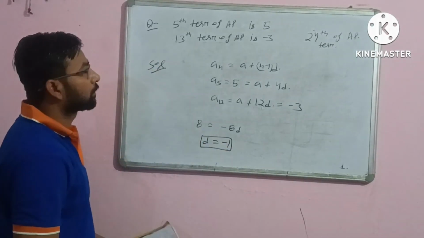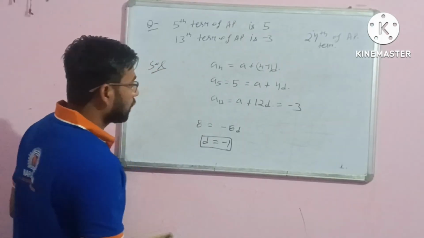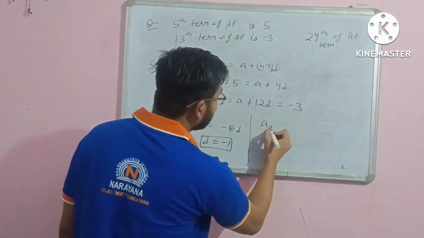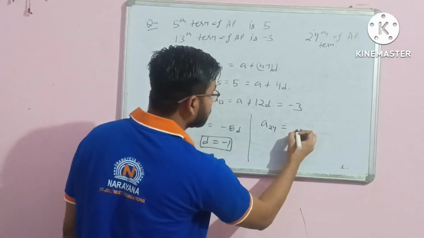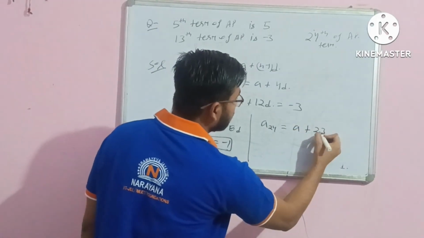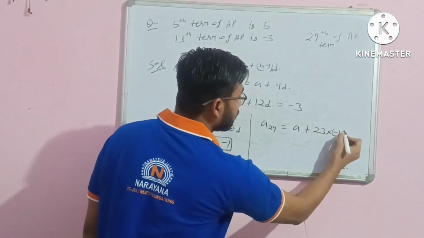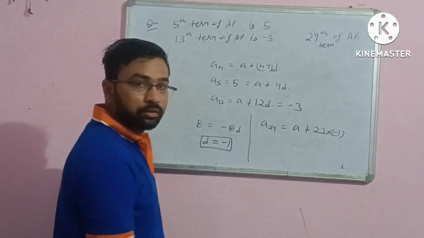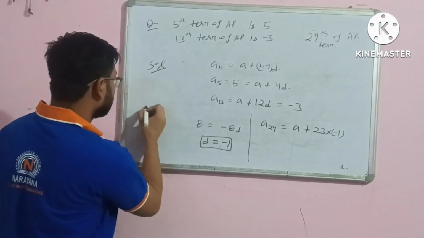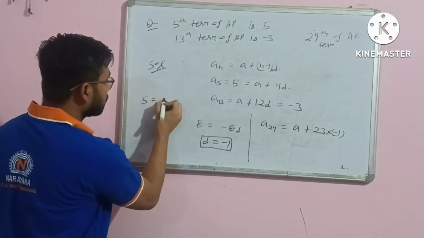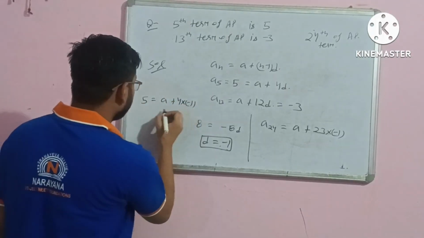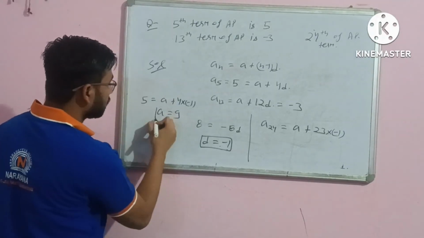And after this we have to calculate the 24th term. a24 becomes equal to a plus 23 into d. What is d here? d is -1. And how to calculate the first term? After putting this value in the 5th term equation, a plus 4 into -1 equals 5, so a becomes equal to 9.